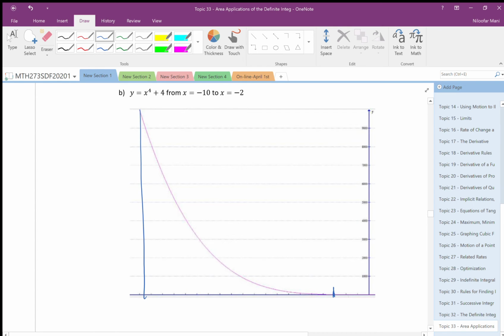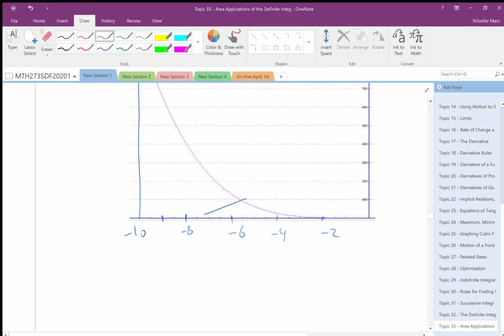Let me see, if I say this is minus 10, then minus 10, minus 8, minus 6, minus 4, minus 2, going 2 by 2 here, minus 8 here, minus 6 here, minus 4 here, and minus 2 here. But it doesn't matter, I'm looking for that part. So it is from minus 10 to minus 2.